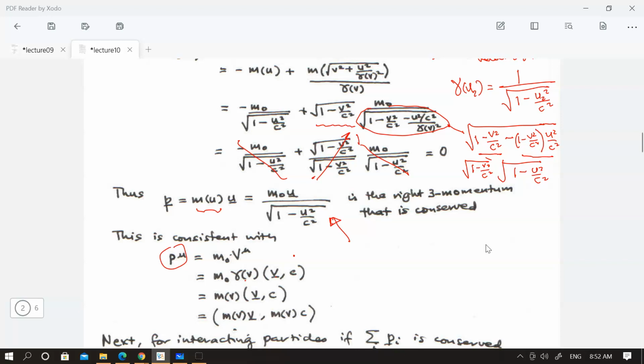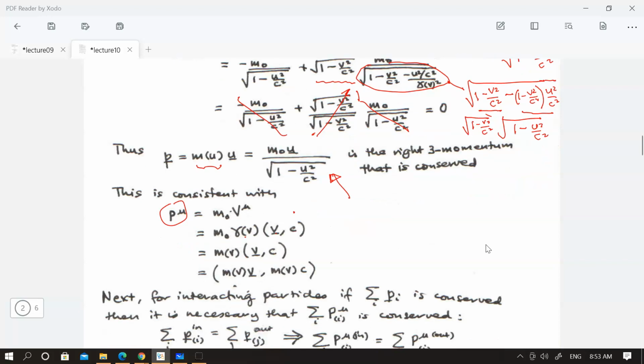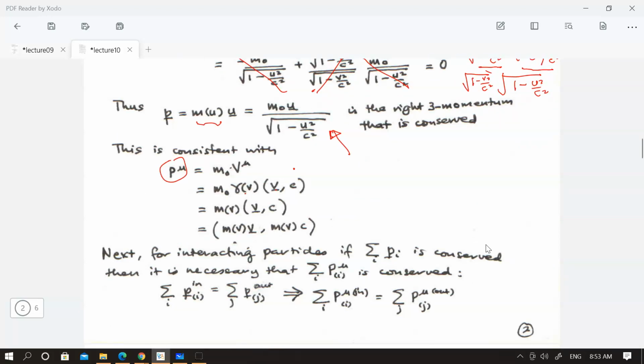It seems to be a bit contrived, but everything should work out in the end. Finally, your components are just given by your velocity-dependent mass times v, and velocity-dependent mass times c.